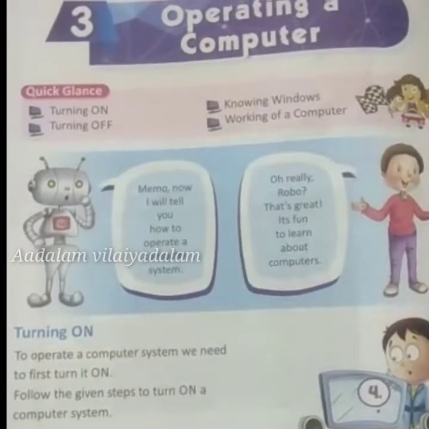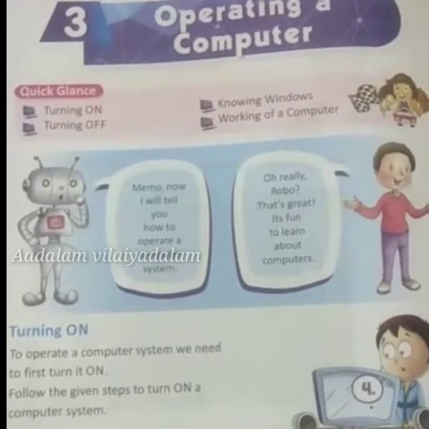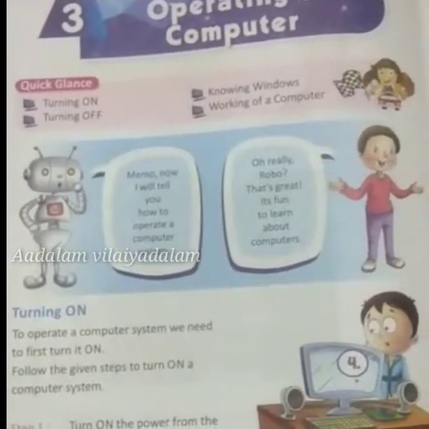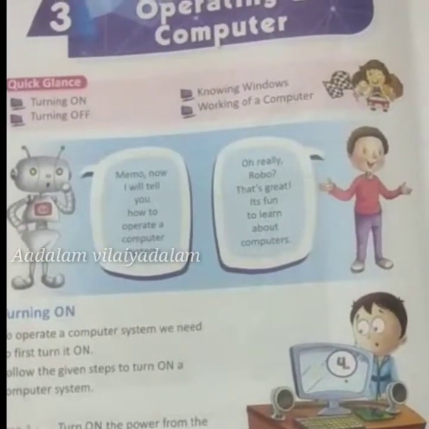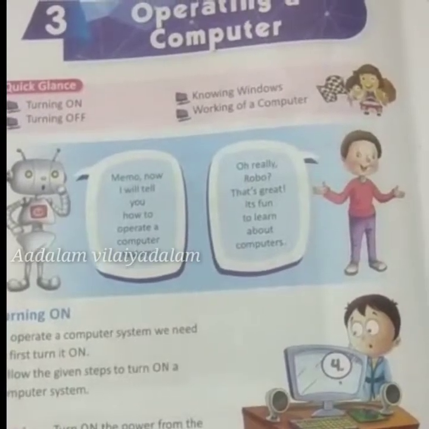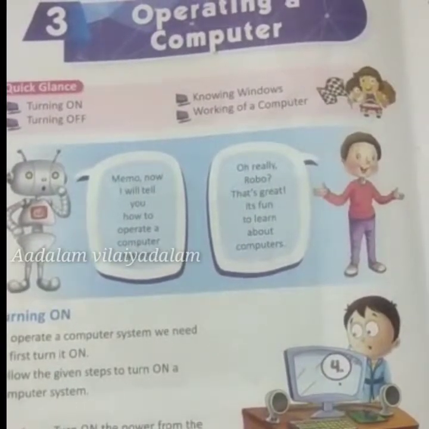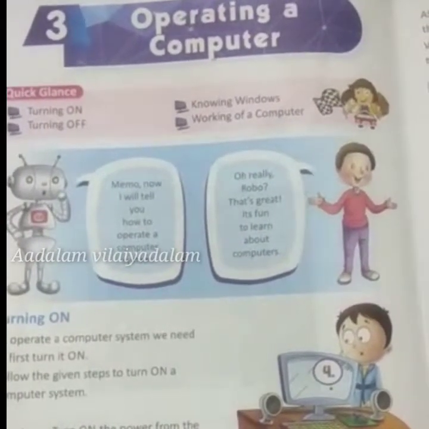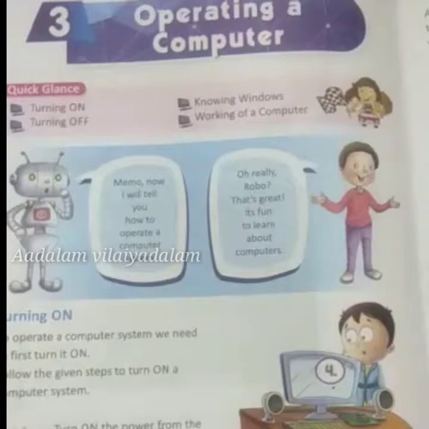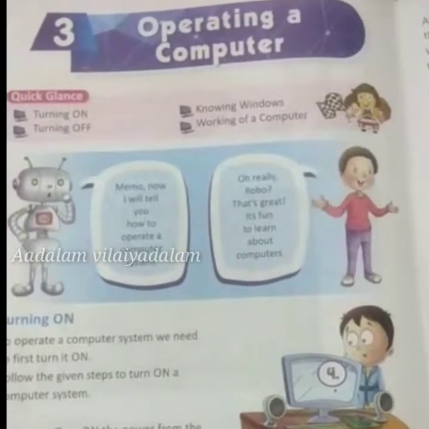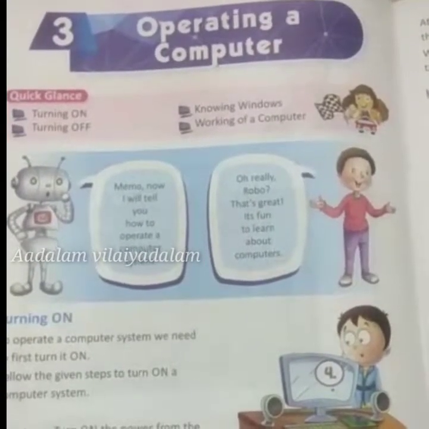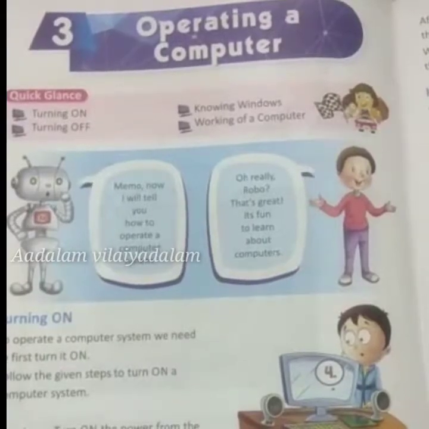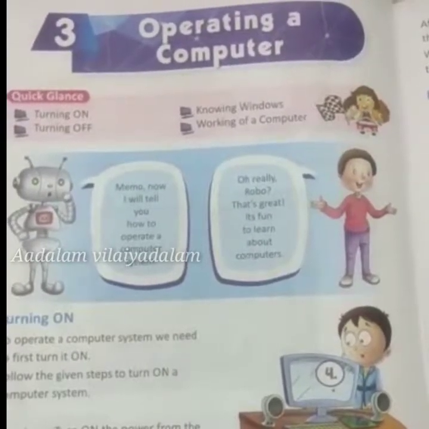If we want to do any operations on the computer, first we need to switch it on. What are the steps to switch on the computer? First, we have to switch on the power button of the switchboard. Next, we have to switch on the UPS button.